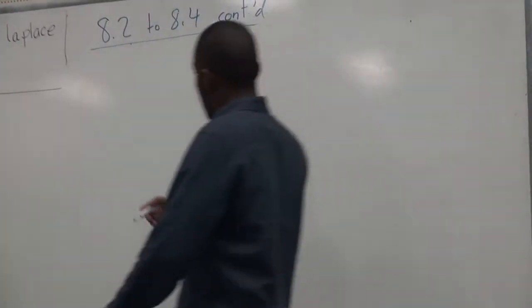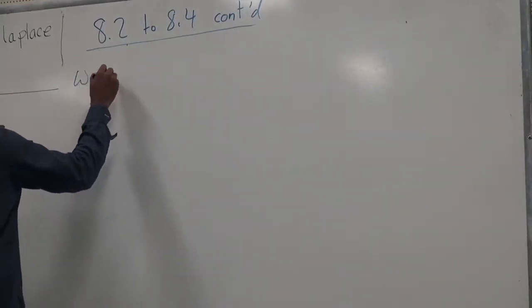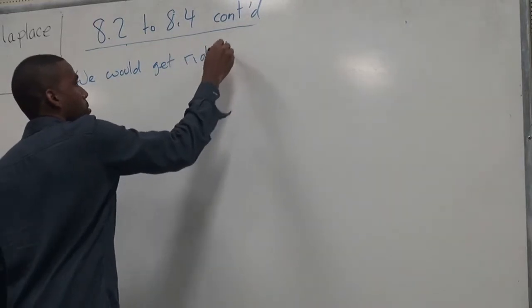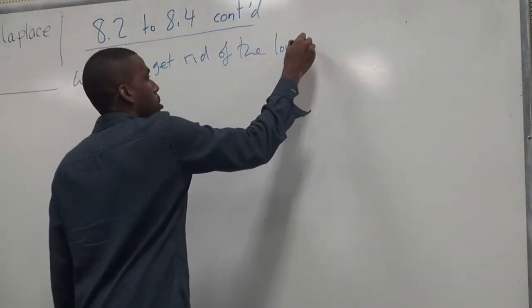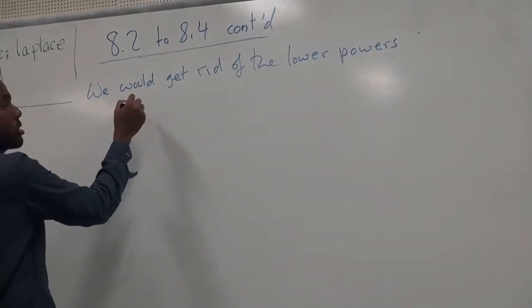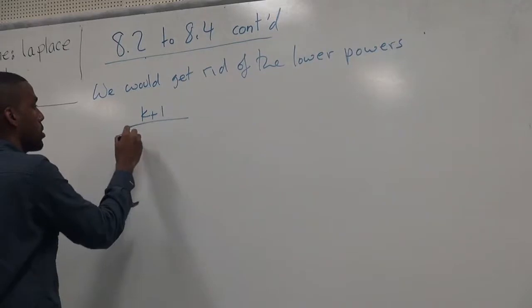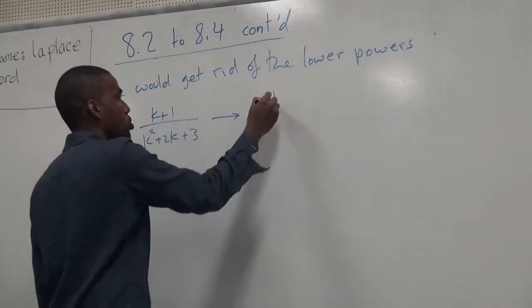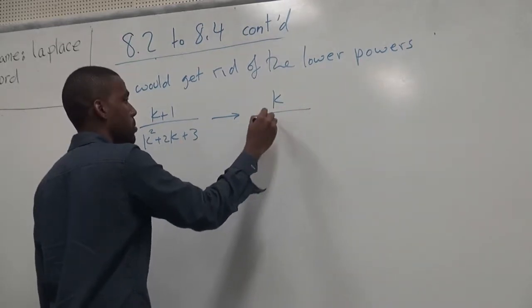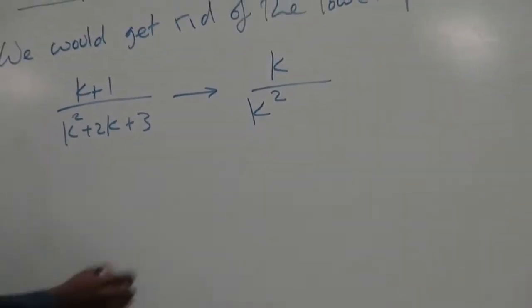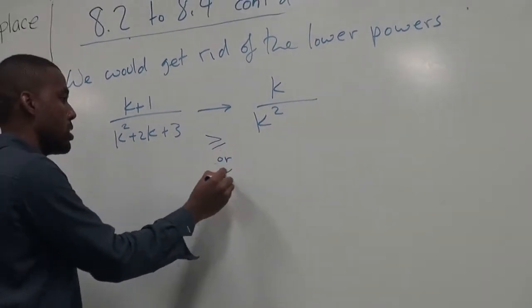So what we would do is, from this guy, k plus 1 over k squared plus 2k plus 3, we would go to something like this. Now the question is, is it this or is it that?